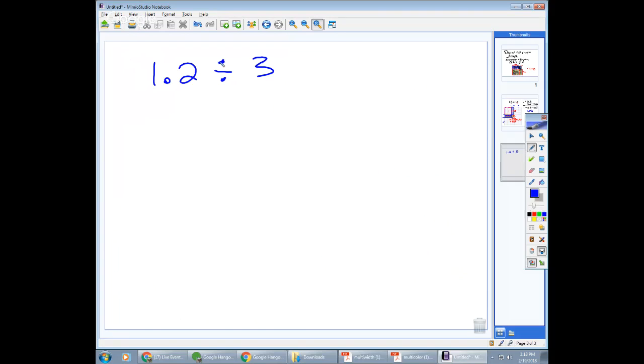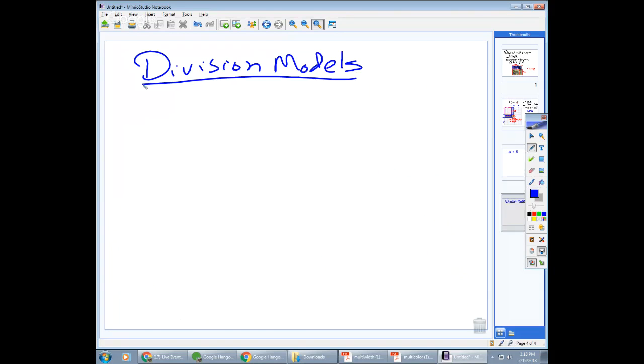Think about the models we had for division. Anybody remember the models we talked about with fractions? Areas, multiplication. What were our division lines? We have 4 of them. How about groups in?